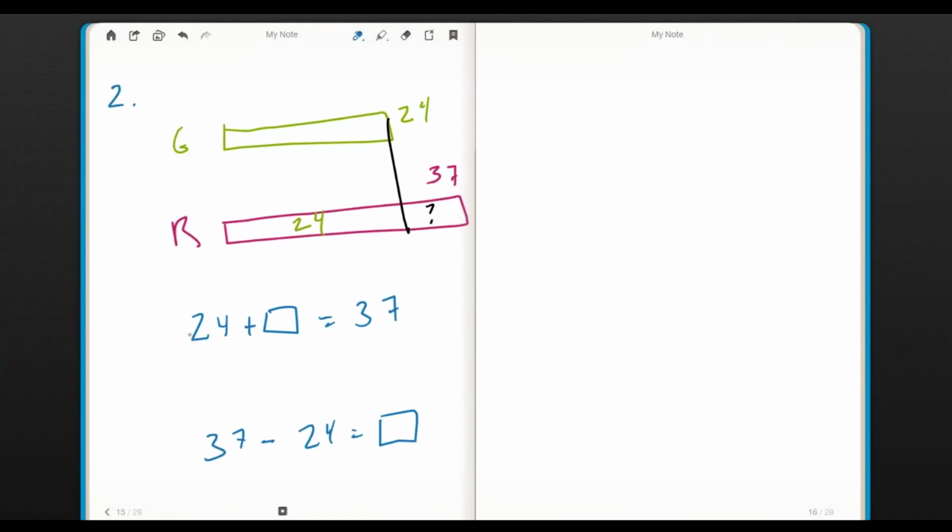How does your student want to do it? Decide how many more ones you need and how many more tens you need? That would be 13. Or do a subtraction problem, take away some tens, take away some ones. Of course, that's 13 as well. So she bought 13 more red apples than green apples.